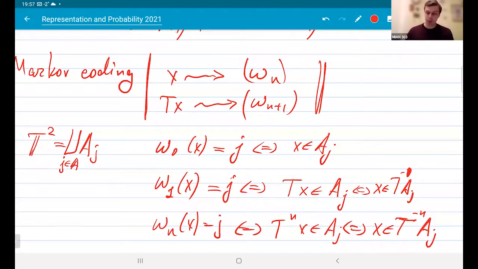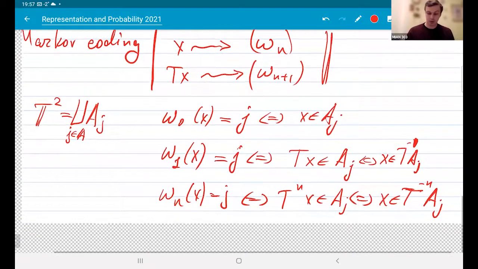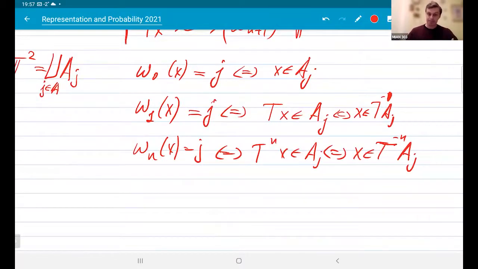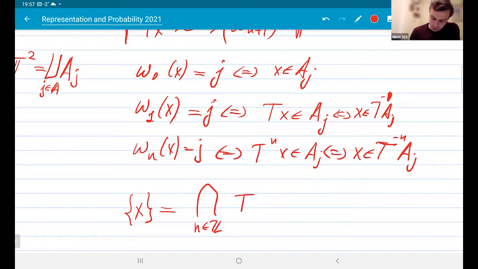By the way, you can also go backward here. For example, if you want to consider some point, assuming that everything is bijective, then this is an intersection over all n of T^{-n} of A_{omega_n}, if x corresponds to the sequence omega.